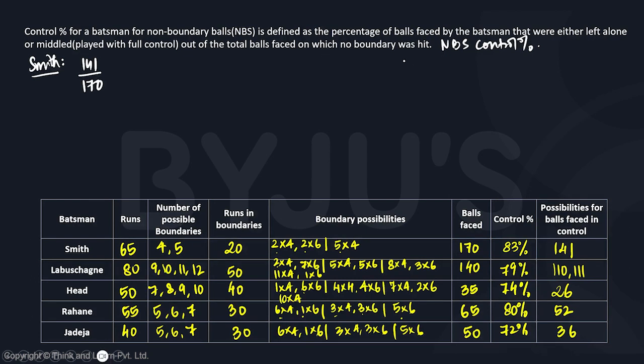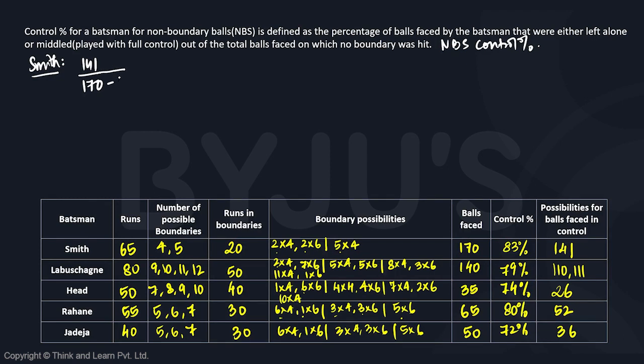And with no boundaries hit, so it could be either out of all 141 balls that he has faced in control, he may have hit the boundaries from these 141, or maybe not a single boundary has come from out of these 141 balls, right?